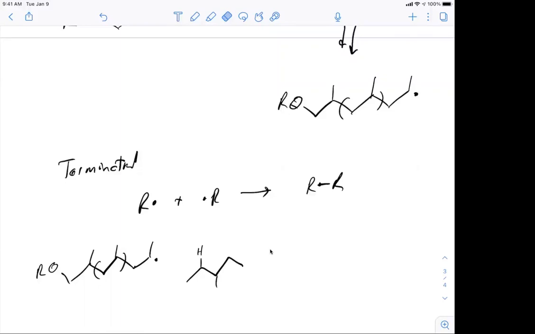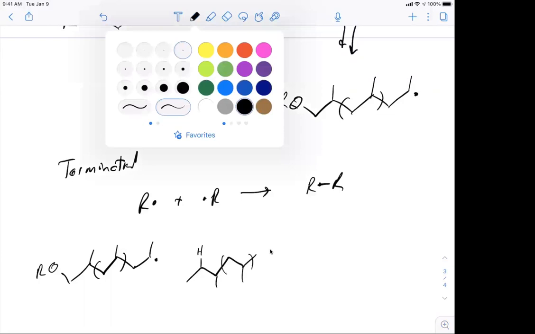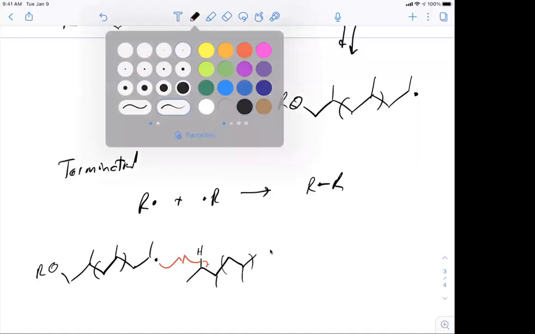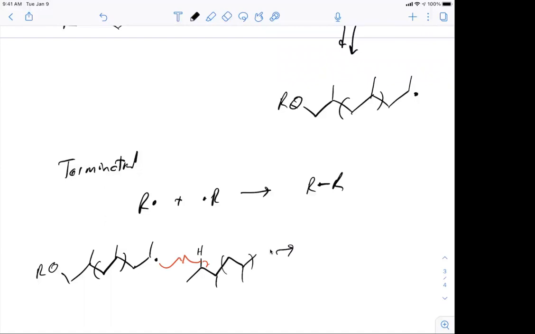Let's keep the R groups out. The carbon radicals here are pretty high energy, and they can also do a hydrogen abstraction, which will terminate the growing end of this polymer.